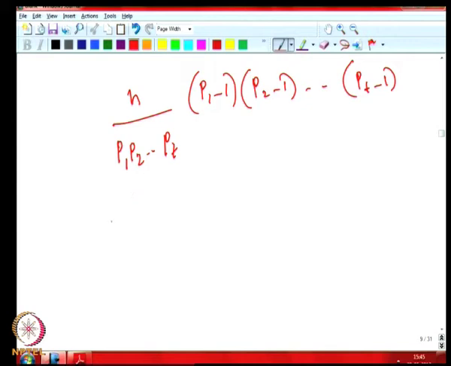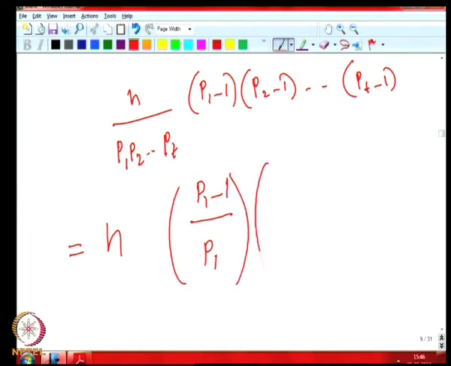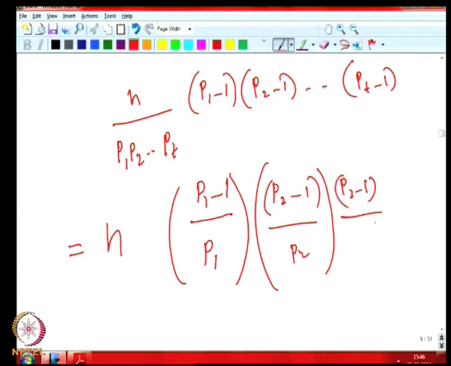What we can do now is we take n out. This is equal to n into, we will write it as a product, P1 minus 1 divided by P1, and this is P2 minus 1 divided by P2, and then P3 minus 1 divided by P3, and so on up to Pt minus 1 divided by Pt.